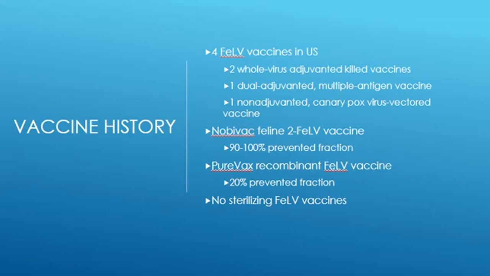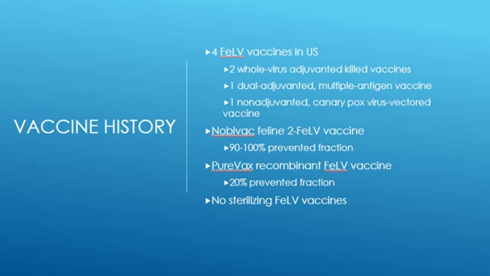The Novavax Feline 2 FeLV vaccine and the PureVax recombinant FeLV vaccine are the 2 that this research project studies. The Novavax vaccine is one of the 2 whole virus adjuvanted killed vaccines, while the PureVax vaccine is the only non-adjuvanted FeLV vaccine available, and it's a canarypox virus vectored vaccine.